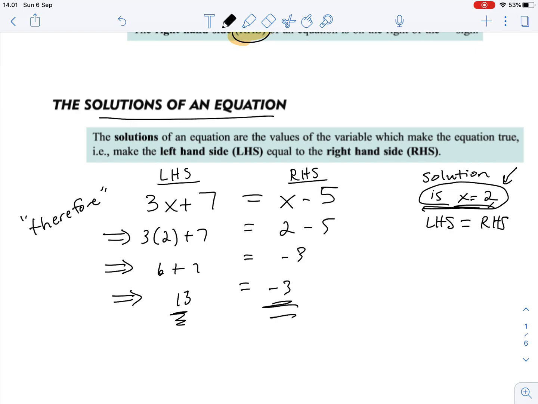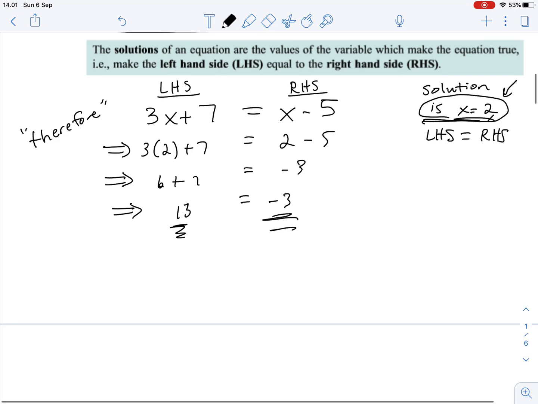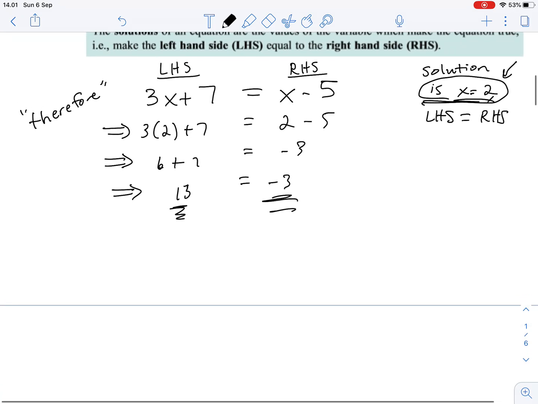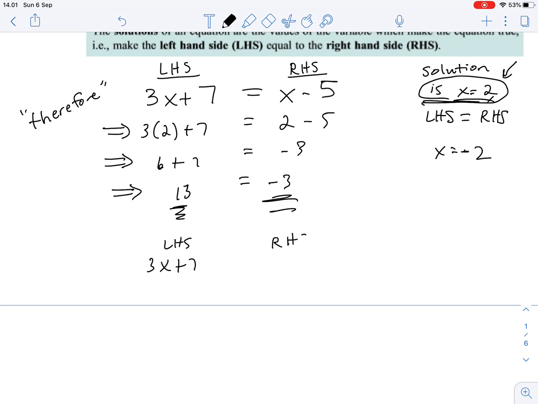So maybe my question is, what would work? Well, let's try x equals negative 2. Again, we'll start with the left-hand side, which is 3x plus 7, and the right-hand side, which is x minus 5.